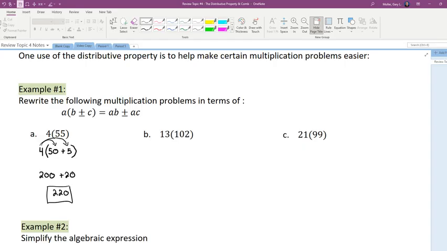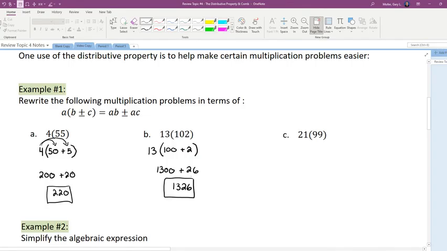And the reason I know that, I hope I'm right, by the way, is this problem can be rewritten as 13 times 100 plus 2. And 13 times 100, of course, is 1,300. And 13 times 2 is 26, so it's 1,326.